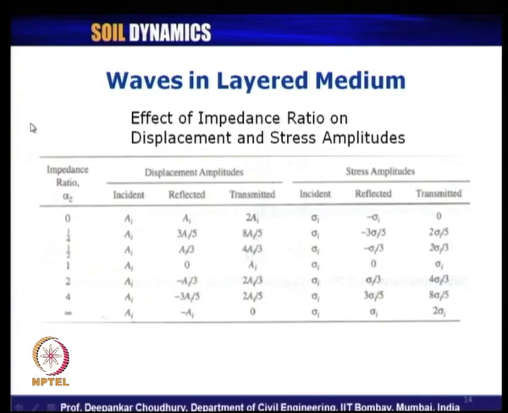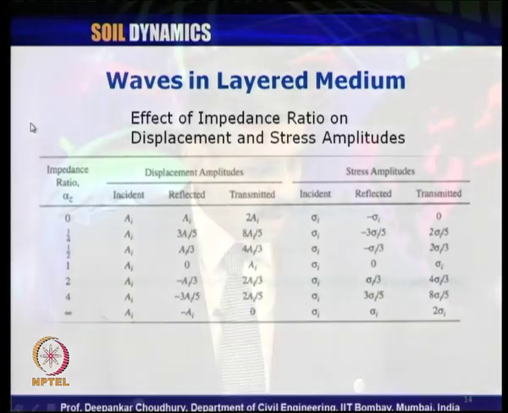So, that we had seen, and it is of our concern as a designer. Now, coming to the nature of the waves we consider in our geotechnical engineering problems or soil dynamics problems.